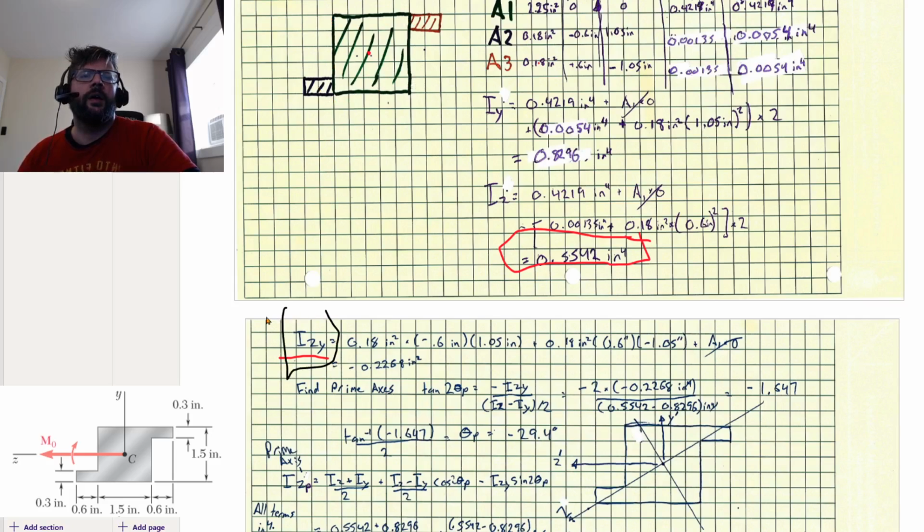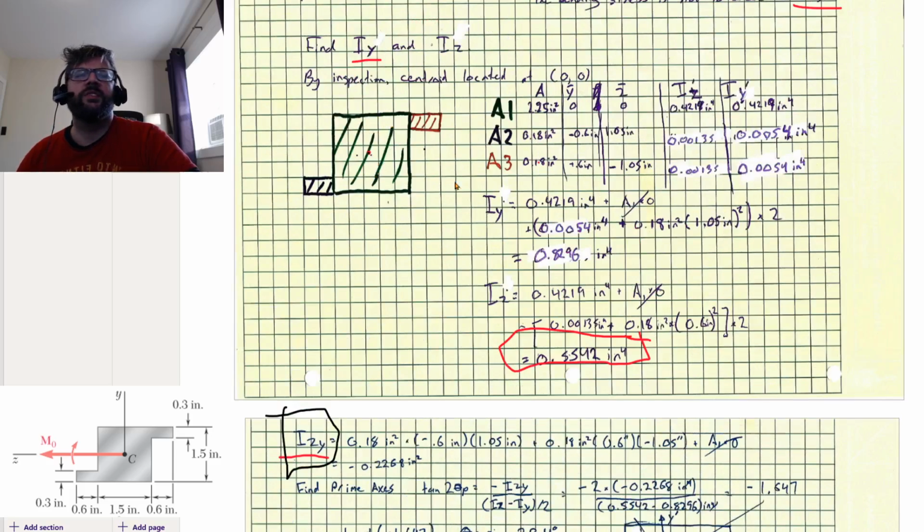So the only thing that affects stuff here is the parallel axis theorem portion, and the box in the middle doesn't contribute at all either, because again it's centered on the centroid.